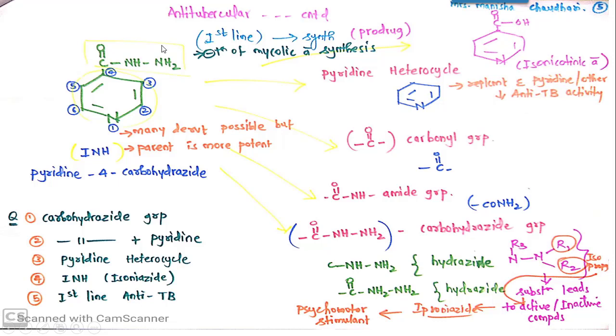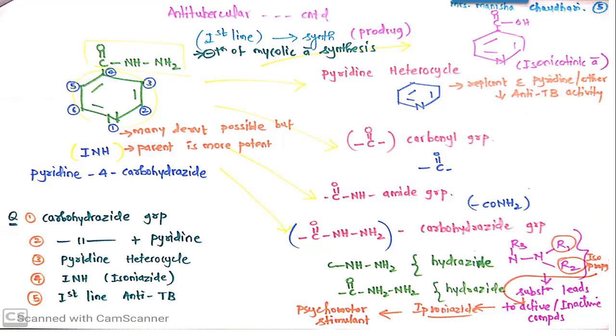In the exam, many types of questions can be asked on INH. The first type of question can be: name the drug which contains a carbohydrazide group, or name the drug which contains a carbohydrazide group along with the pyridine heterocycle, or simply draw the structure of a drug containing a pyridine heterocycle.